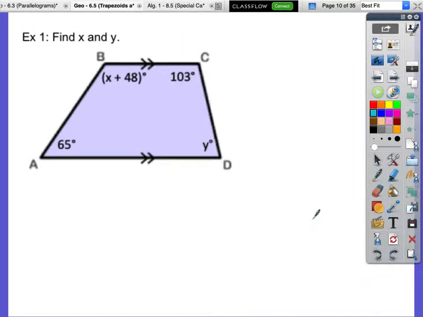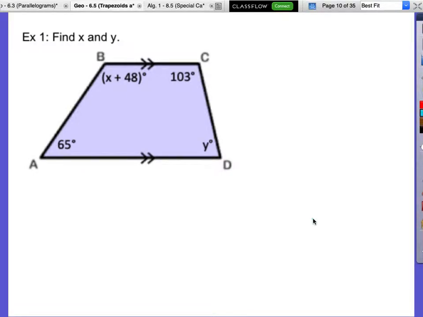Example 1. We're supposed to find x and y here. What kind of shape do we have? How do we know it's a trapezoid? Because it's just one pair of parallel sides, exactly one pair of parallel sides. Very good, Riley. How can we go about finding angles here? Okay, so here, two parallel lines cut by a transversal.